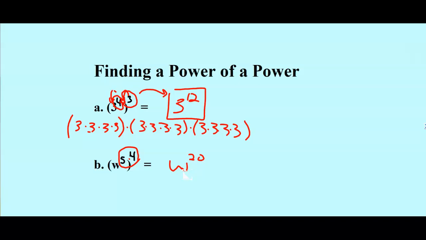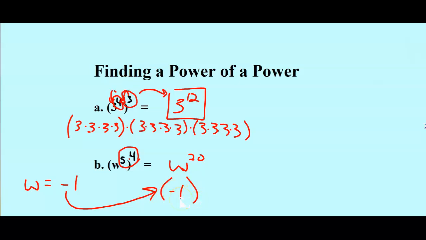So if I tell you to evaluate it if w is equal to negative 1, the question is, does the negative go with the 1 or not? Well, if w equals negative 1, then anywhere you see a w is going to be negative 1.